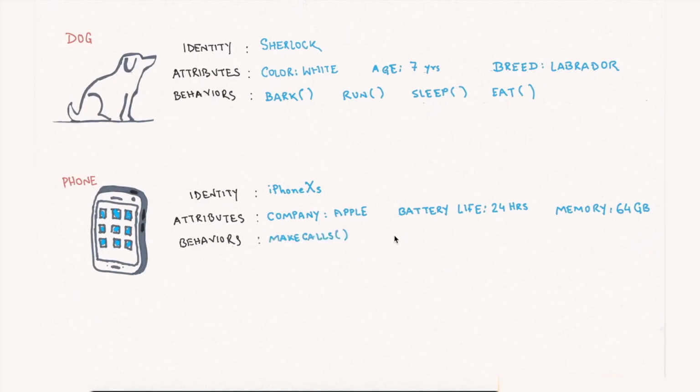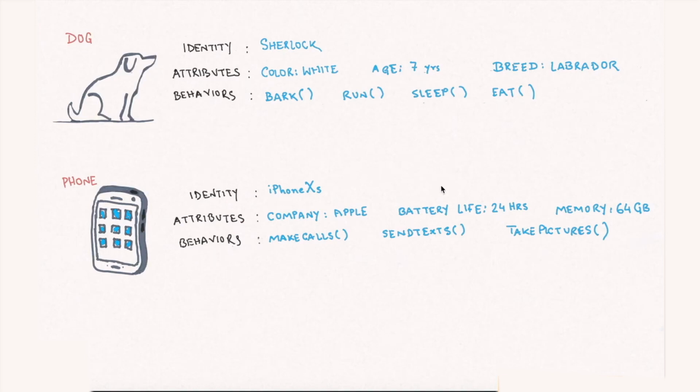It could make calls, it could send texts, or it could take pictures. And it could do many other things, but let's just stick with these three examples. So now I hope you understand how objects can be thought of when we are trying to code for them. We can think of objects as having three different things: their identity, their attributes, and their behaviors.